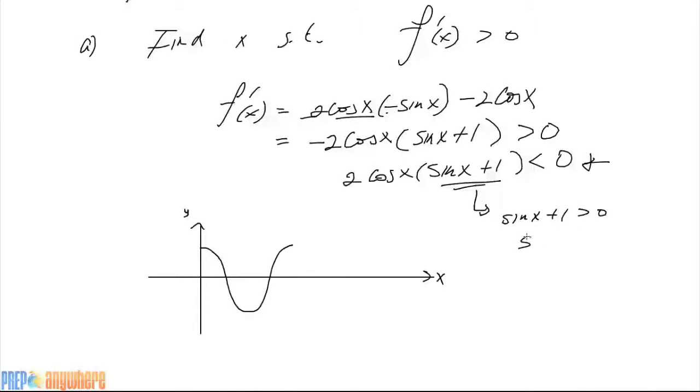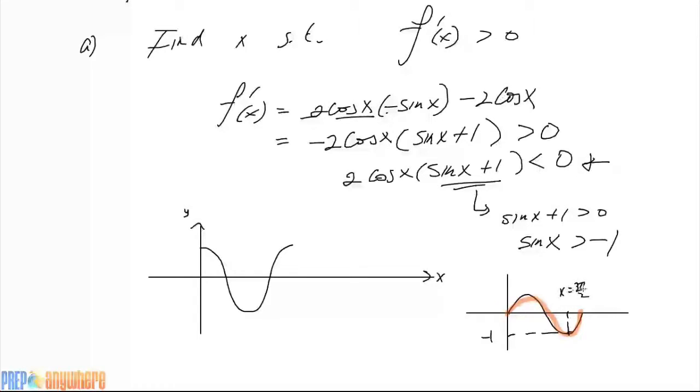Okay, it's positive when sine of x is greater than -1. But that's pretty much always, isn't it? Sine of x, it looks like that. Here's -1. It's always bigger than -1. The only place it's not bigger than -1 is at this one x value.